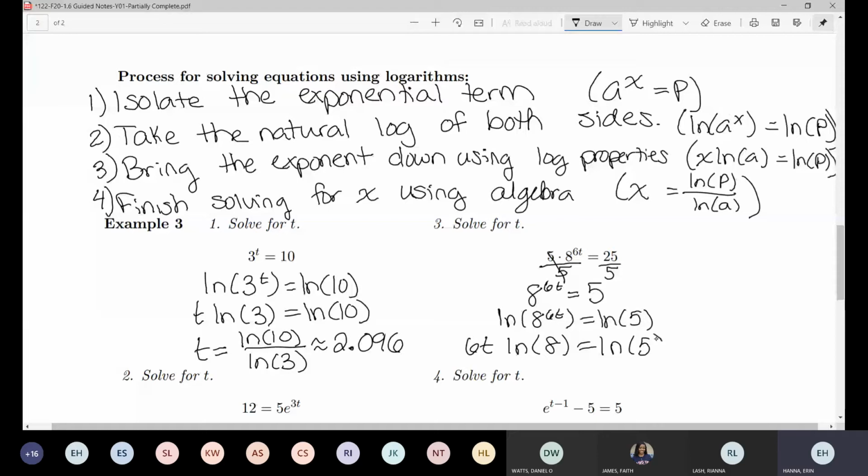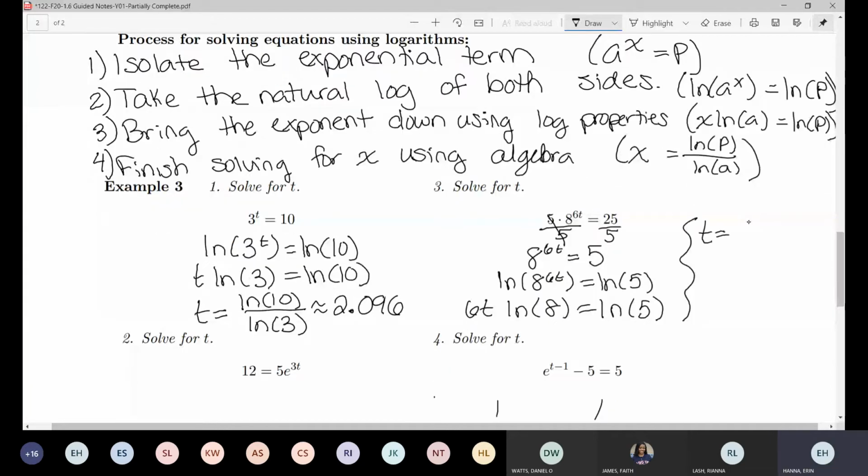And then we've got to solve for t, so we have to get t by itself. So I have to move this 6 and this natural log of 8. I often find that some people like to do it in 2 steps, but you can do it all at once. You can just divide the entire thing by the 6 and the natural log of 8 at the same time.